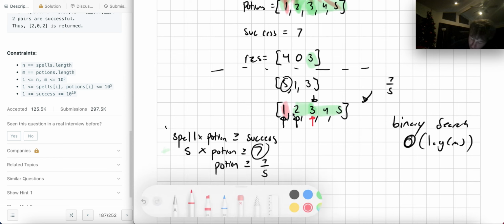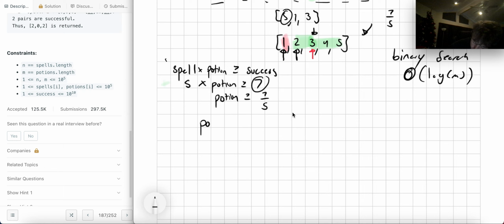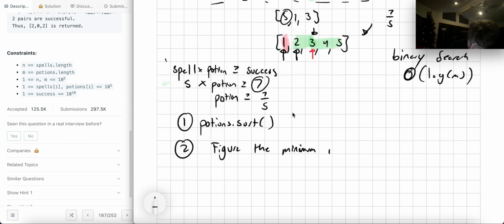So all I really need to do to make this work, in summary, is I'm going to take potions. My first step is I'm going to take potions and I'm going to sort it. My next step, now you can do this in real time, is I'm going to figure out the minimum potion I need for each spell, for each spell i.